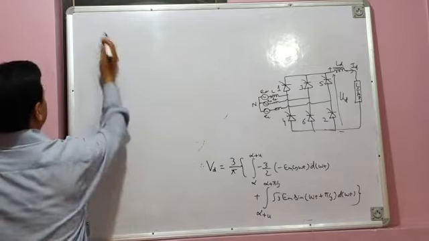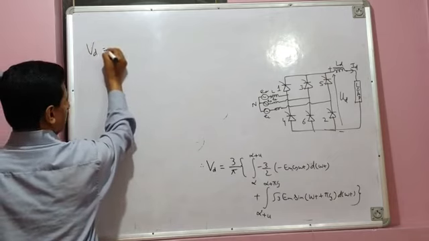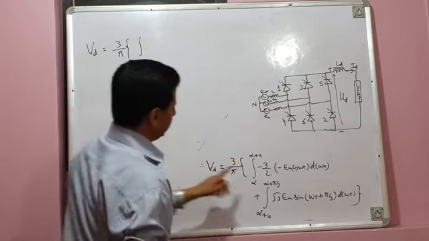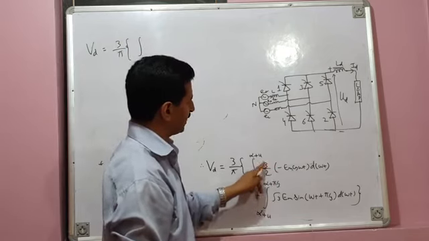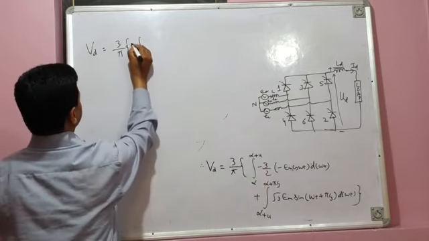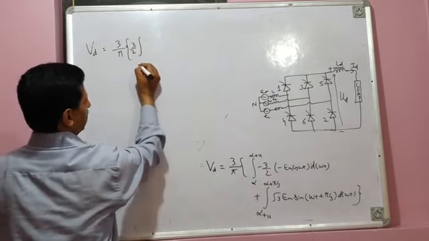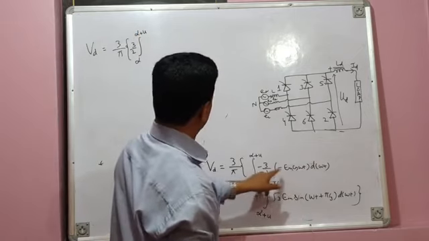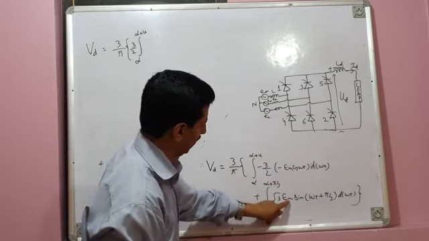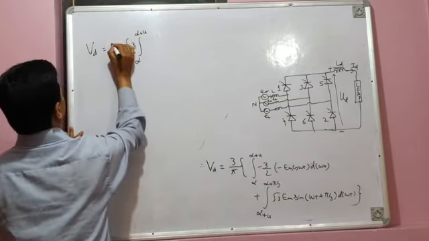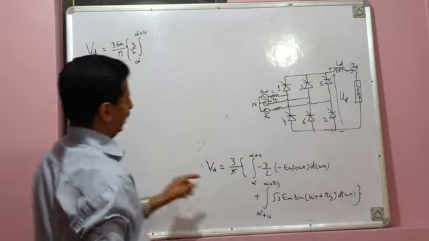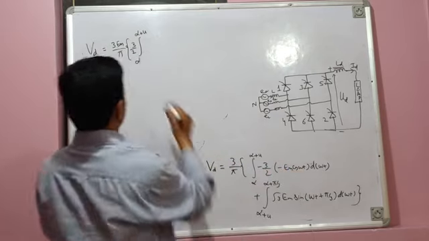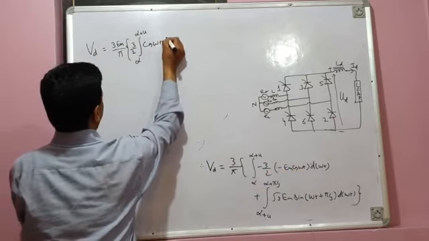So I can write here VD is equal to 3 by pi times, see, this is minus 3 by 2, minus into minus is plus, so 3 by 2 I can take out. What I get inside is alpha to alpha plus u, cos omega t. I have Em here, I have Em here also, so I can take Em also out. So I will write 3 Em by pi. So 3 by 2 also I have taken out, Em already taken out. What I am left with is cos omega t d omega t.